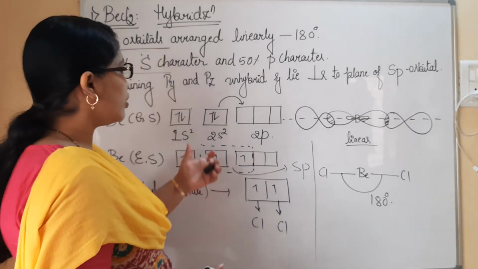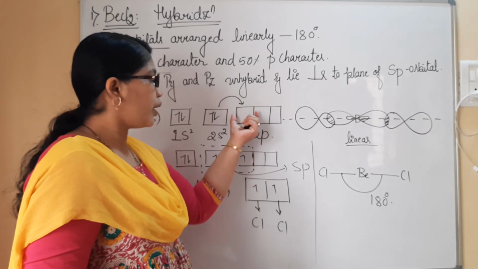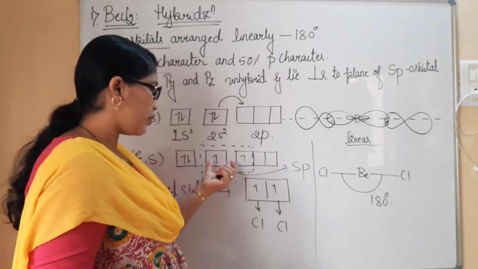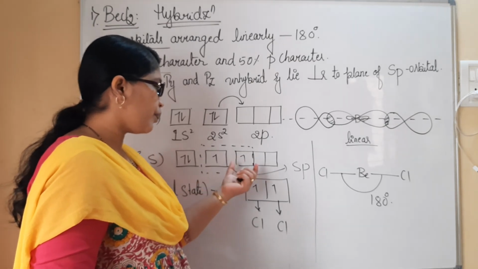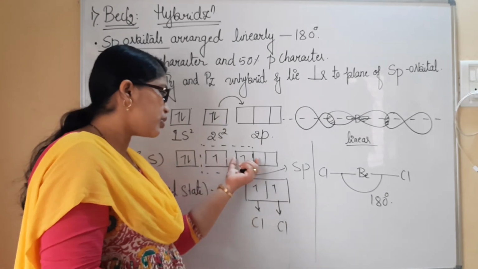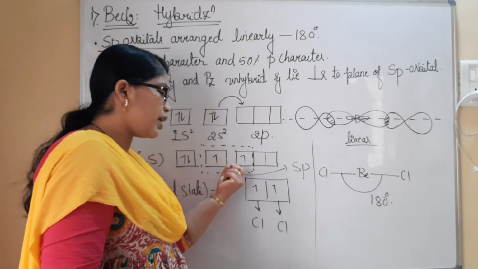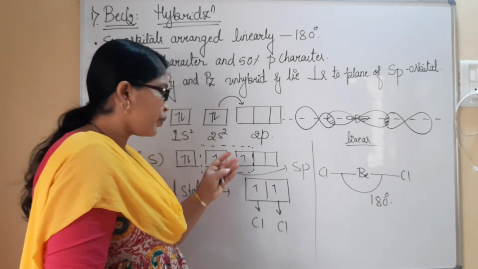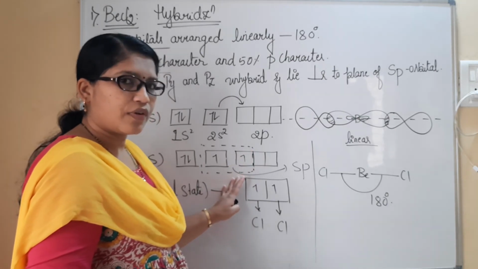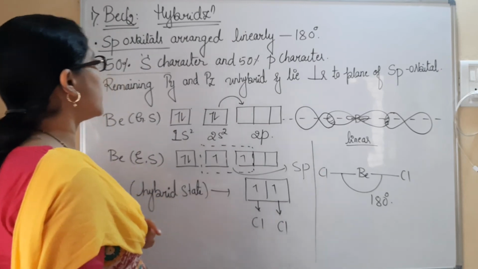After combination of the s orbital and p orbital, there is only 1 electron in p and only 1 electron in s after excitation, right? So s is participating 100%, p is also participating 100%. When they combine and intermix with each other, the s character is 50% and the p character is also 50% here.